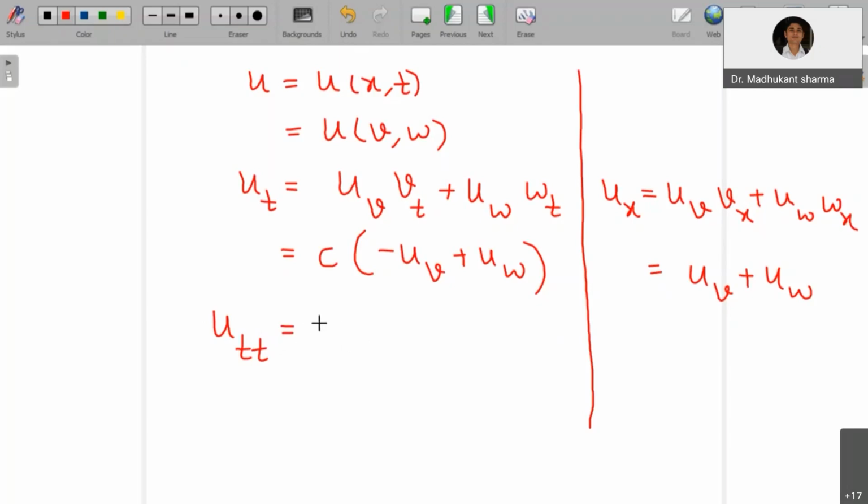Now c times, you have u_v is a function of v and w, and v and w are functions of x and t, so you have to use that information.